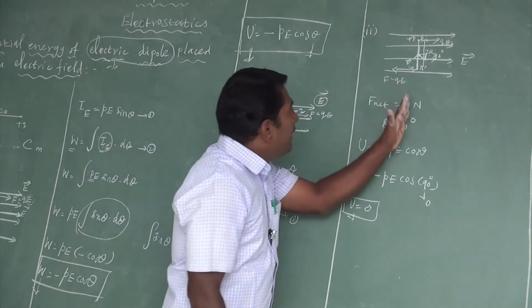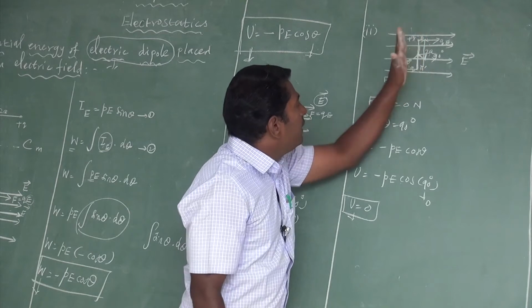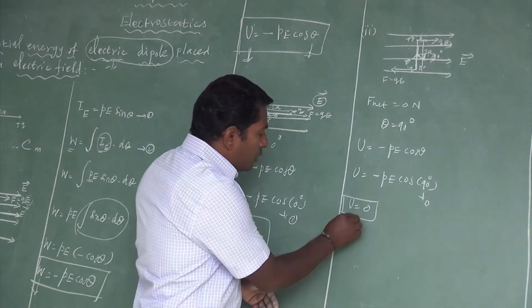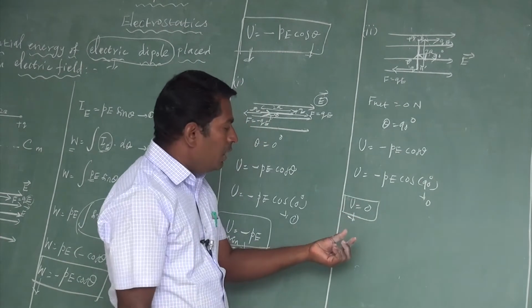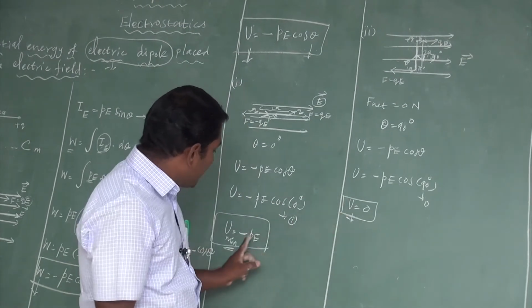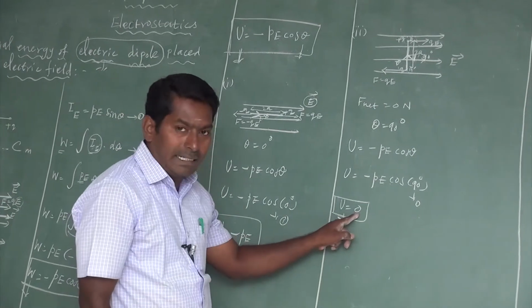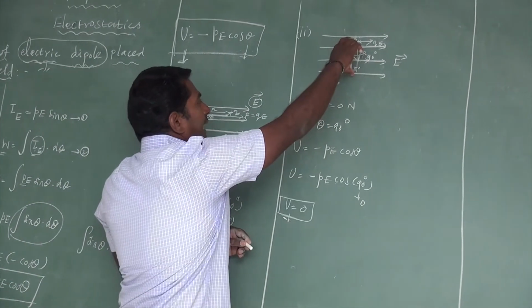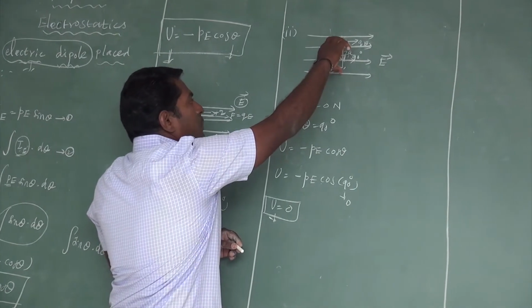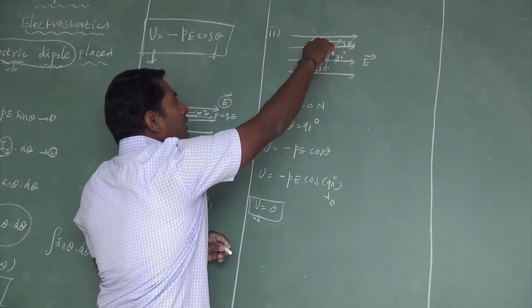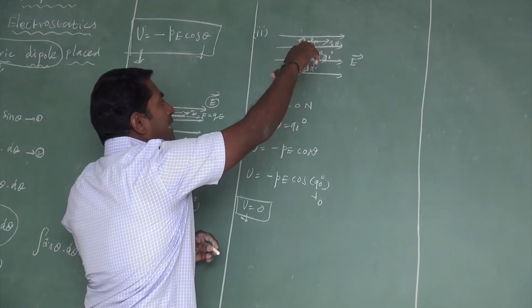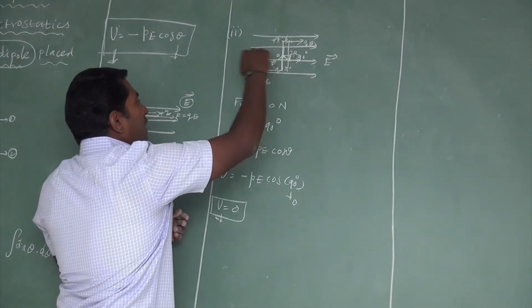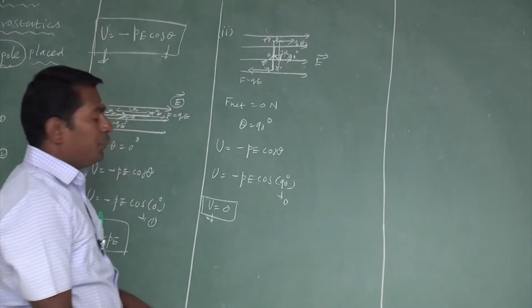But here, the electric dipole axis is placed perpendicular to the direction of the electric field, so the electrostatic potential energy is 0. When compared to a negative value, 0 is a greater value. So in this case also, the electric dipole experiences maximum torque. Due to the torque, the dipole is aligned, rotates about a fixed point, and comes along the direction of the electric field.